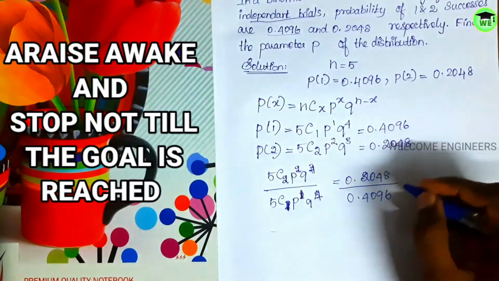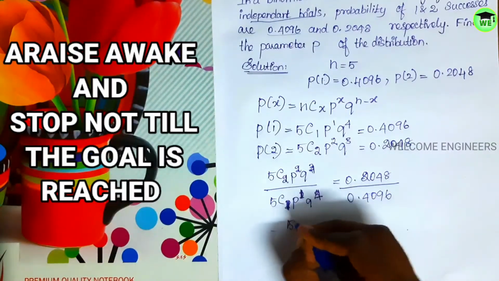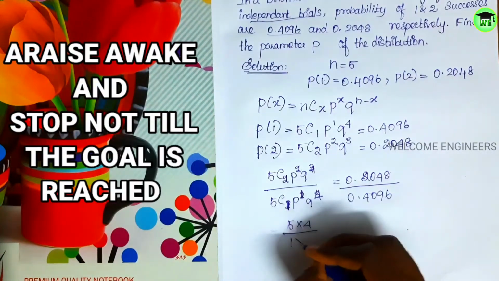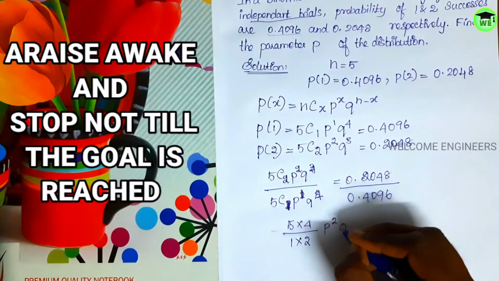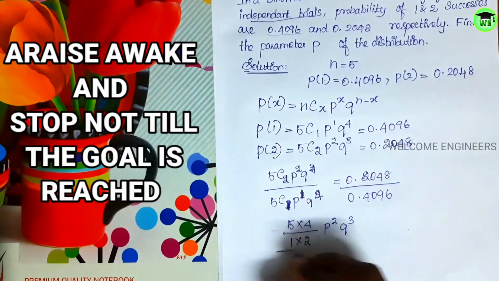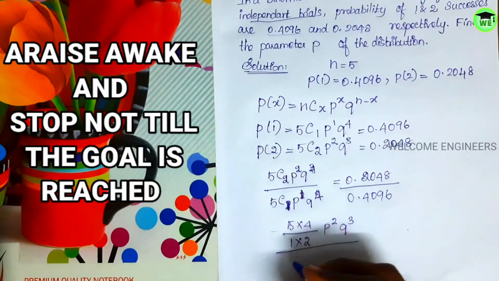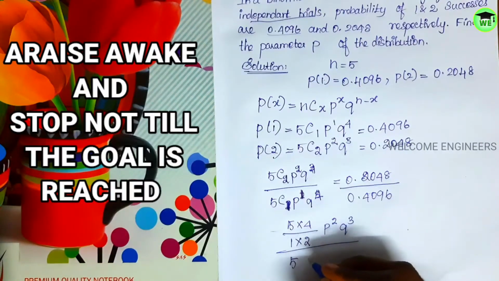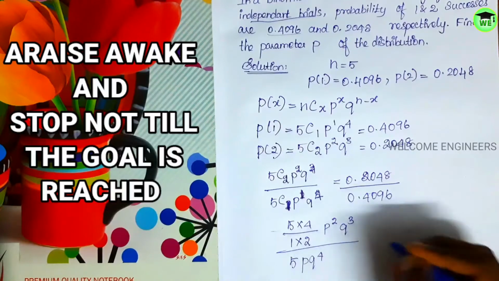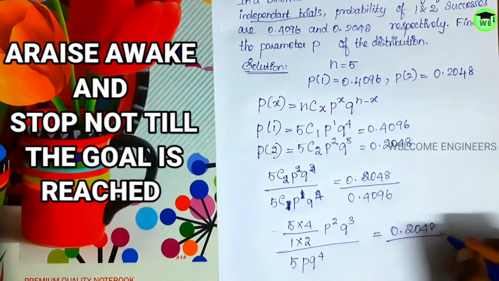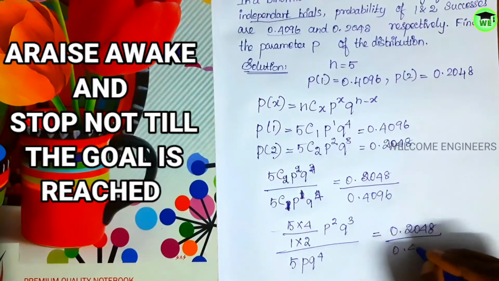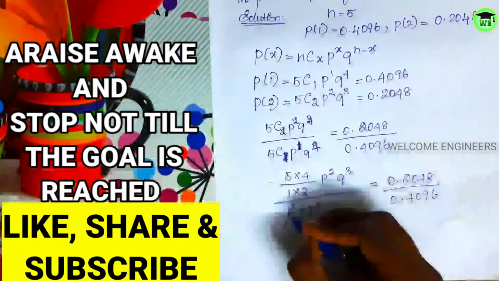Now 5C2 can be represented as 5 into 4 divided by 1 into 2, into p^2 q^3, divided by 5C1, which is 5, times p q^4, equal to 0.2048 divided by 0.4096.